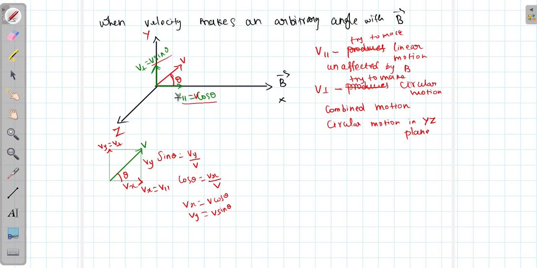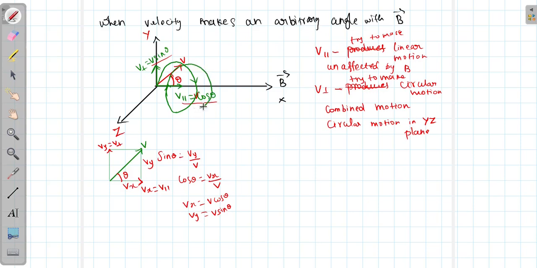Therefore, the charged particle will have a circle in this particular direction. As the charged particle moves in circular motion, the parallel component tries to make linear motion. Therefore, the object will move in a helical motion.